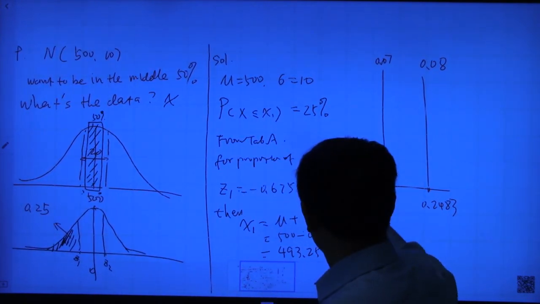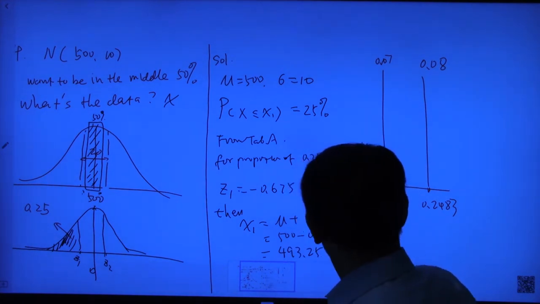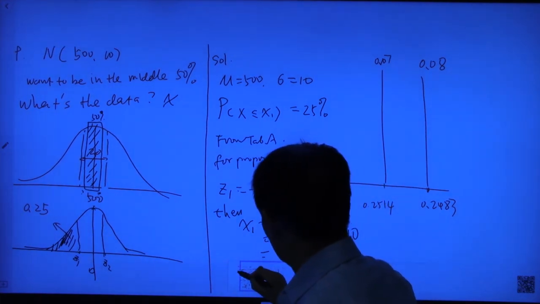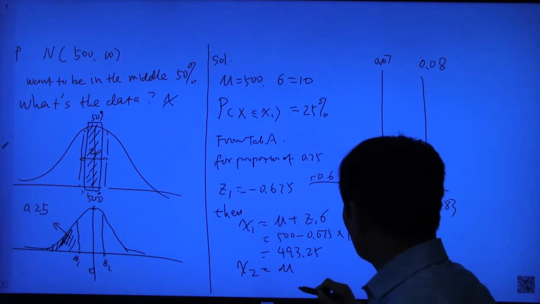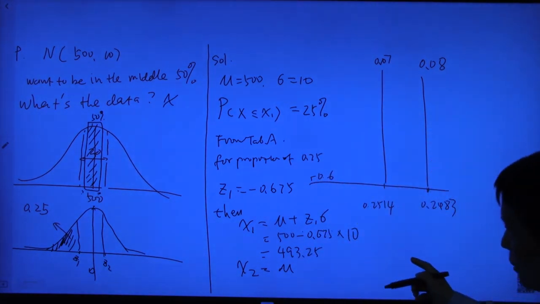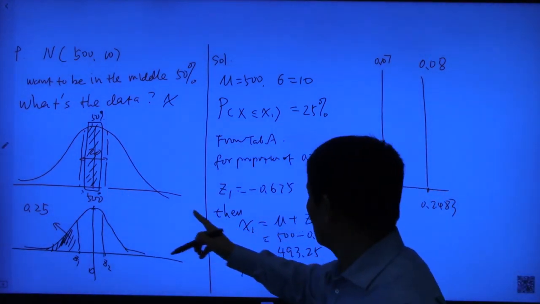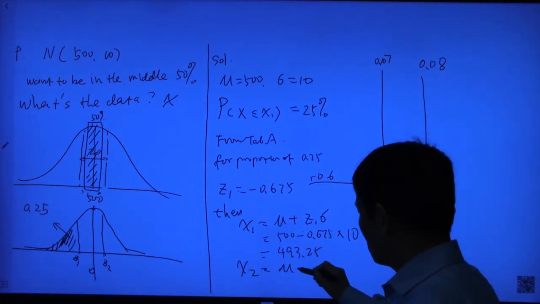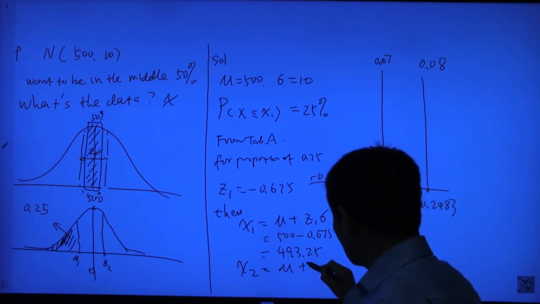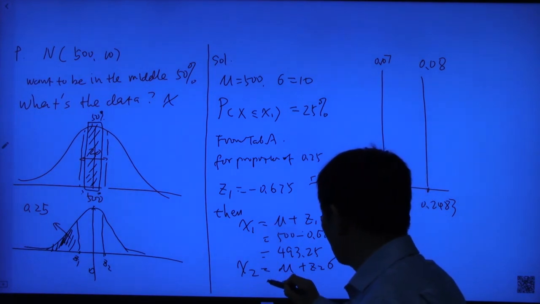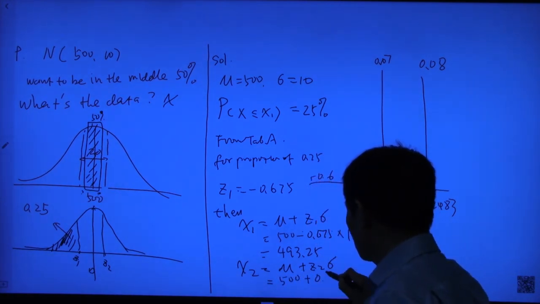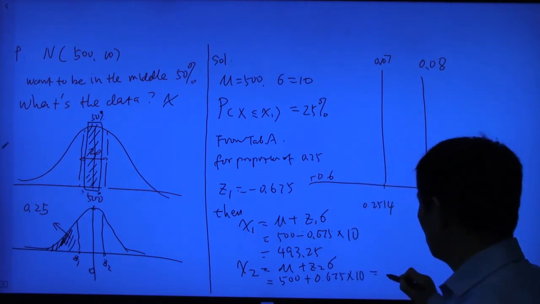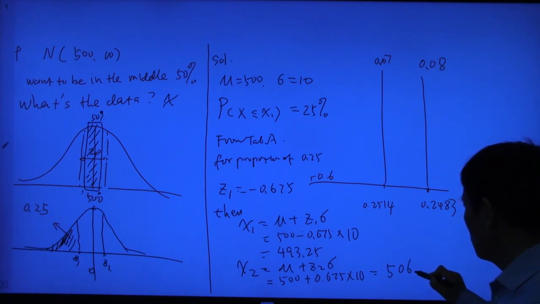From the symmetric property, the z-score corresponding to this must be this number but positive. So x2 equals mu plus z2 times sigma, which equals 500 plus 0.675 times 10, and that gives us 506.75.